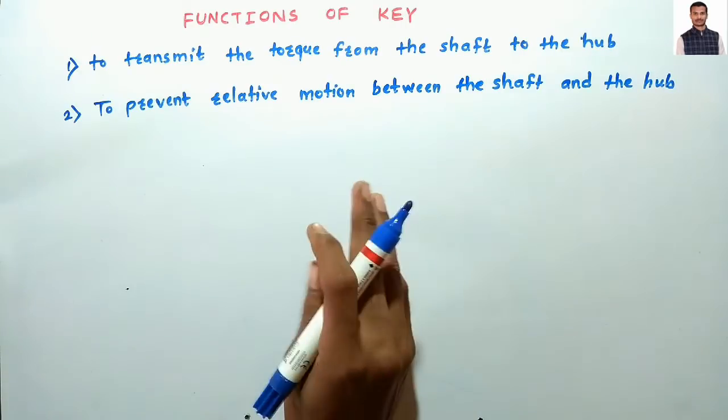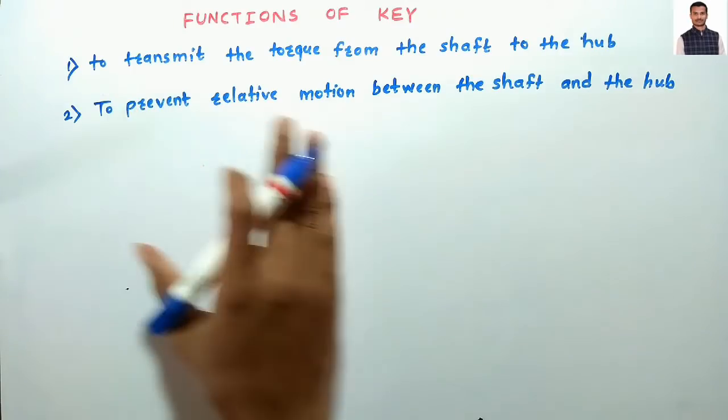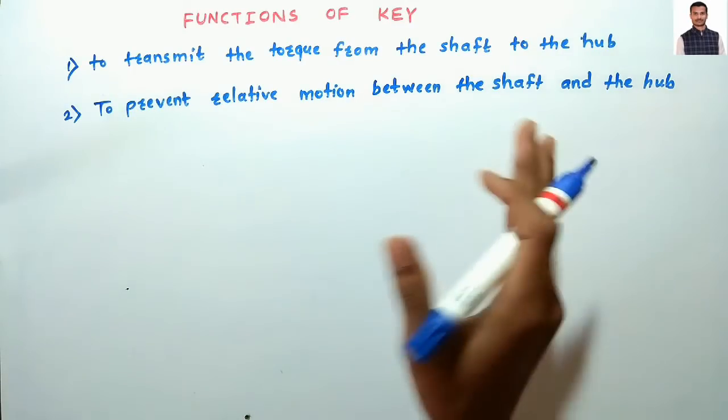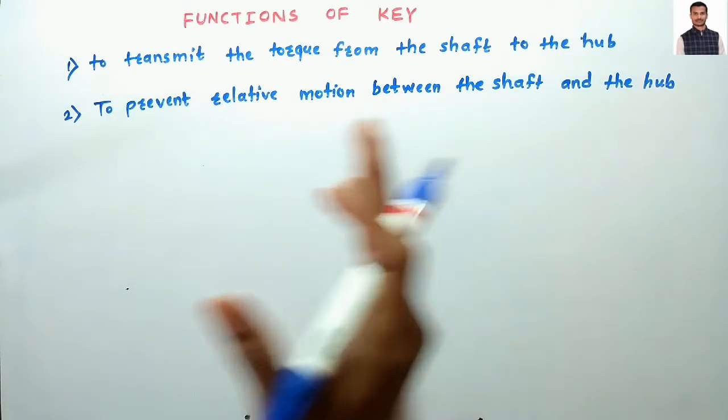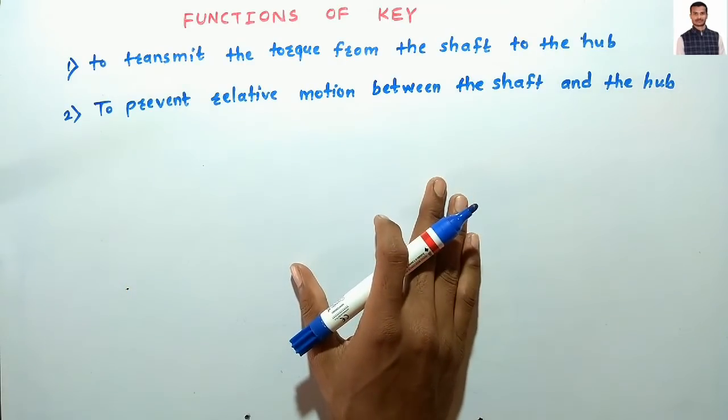So key prevents the relative motion between the shaft and the hub, and it transmits torque from shaft to the hub or from hub to the shaft. So these two are the main functions of key.